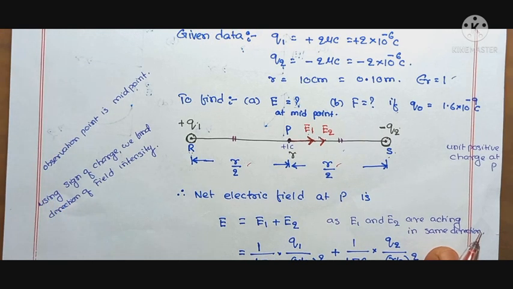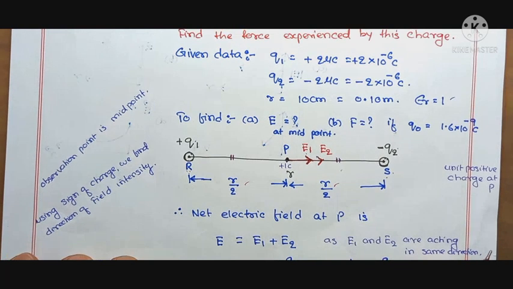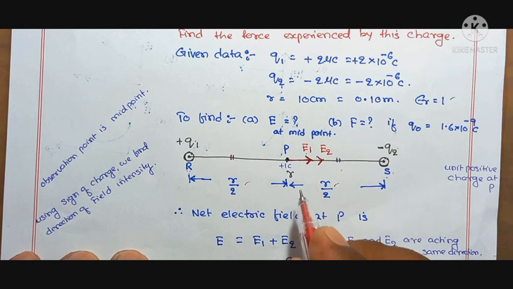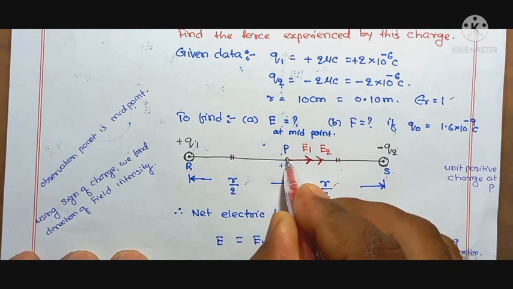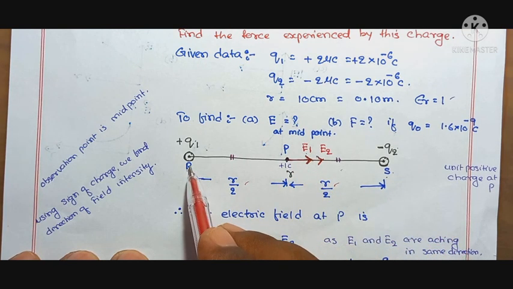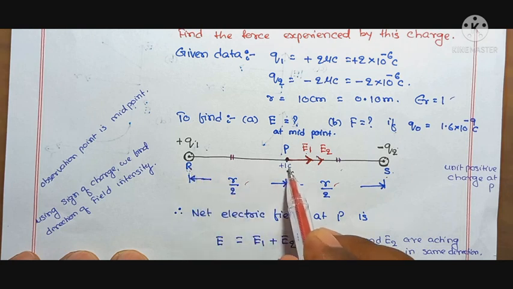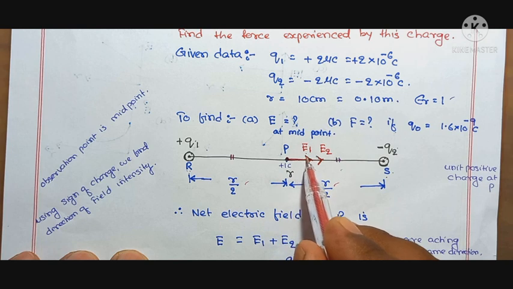Now see, first we'll find out the direction of electric field intensity. So place unit positive charge at P, that means plus 1 coulomb. This is positive charge. So plus 1 coulomb charge is placed here. Then this plus 1 coulomb charge will move in this direction.